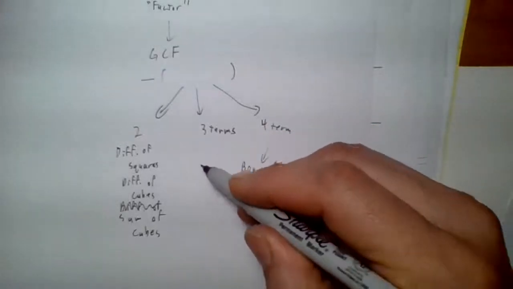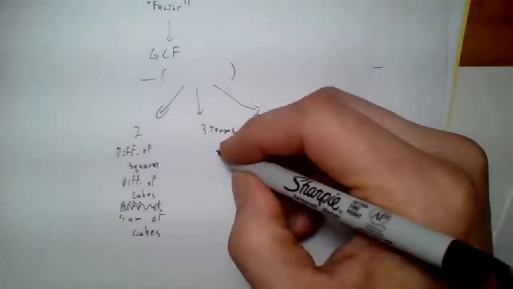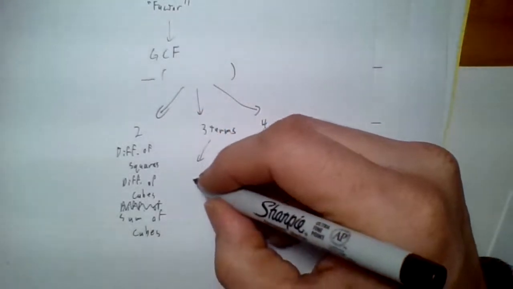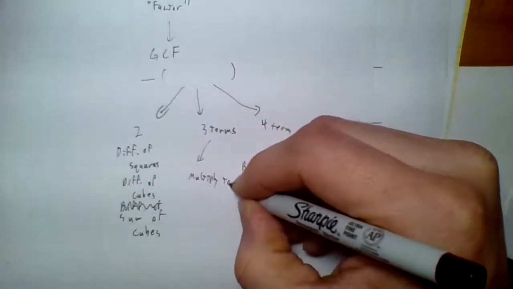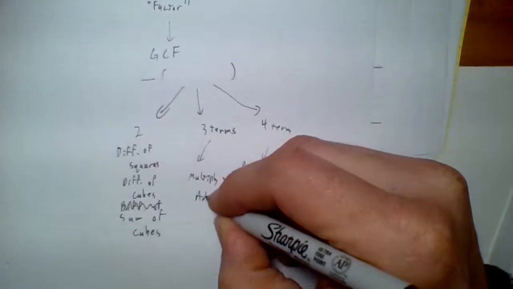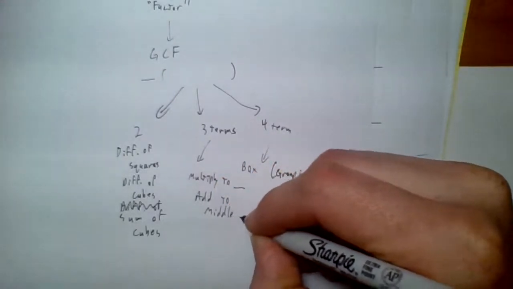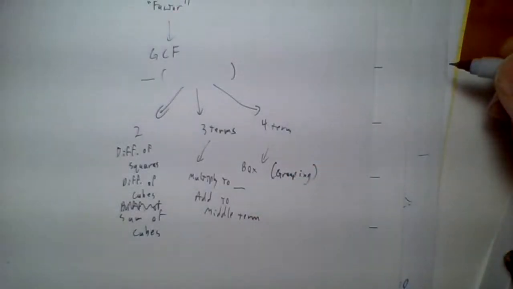For the 3-term problem, your middle term is what things need to add up to. So you're looking at finding those 2 numbers that multiply to whatever they're supposed to and add up to the middle term. Those are the 2 numbers that'll make this grouping work, that'll make this box work.